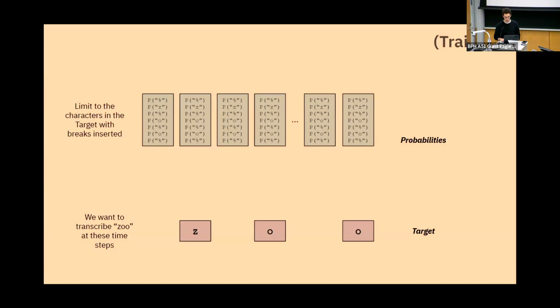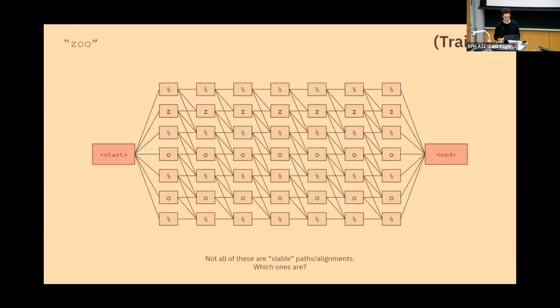And so this is maybe a little bit more easily understood with something like this, where we start from the start of our sequence with nothing in it. And then at each point, you're saying, okay, it can be any one. You have a probability distribution over these characters.